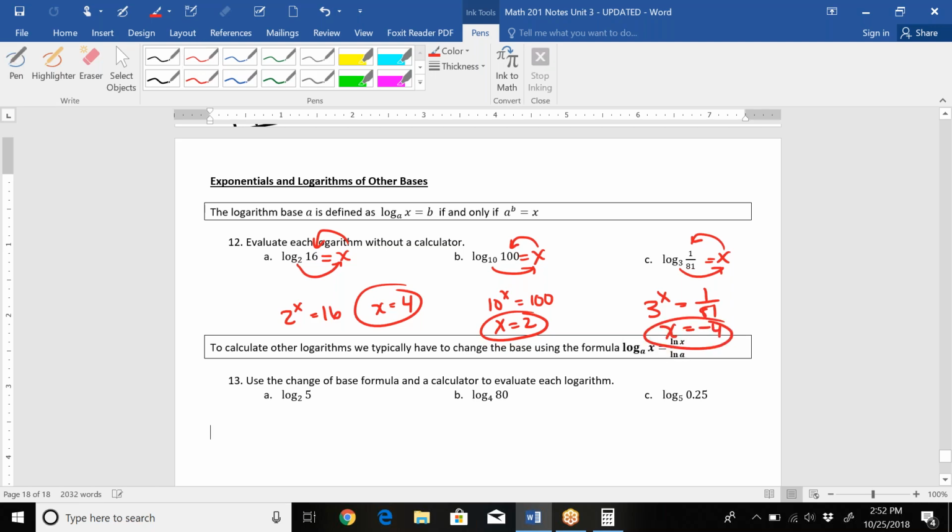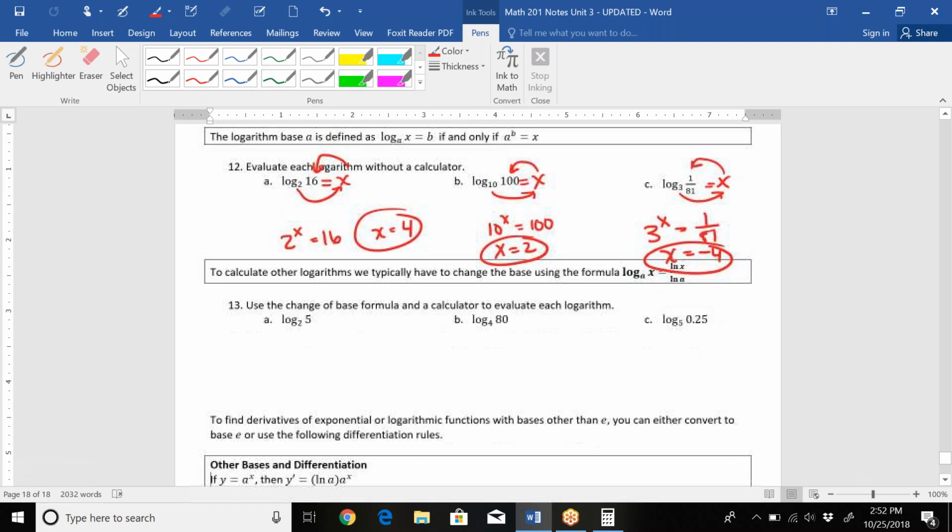And then these are the change of base problems. So if you want to use your calculator to evaluate something that's not base 10 or not base e, you can change them to either natural log on both top and bottom or log base 10 on top and bottom, because your calculator has both buttons. We're going to use the one they gave us here, the natural log. It is always the big argument number as the top natural log, and the bottom base number is the bottom natural log.